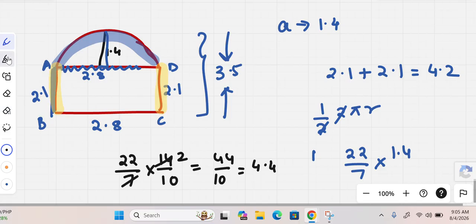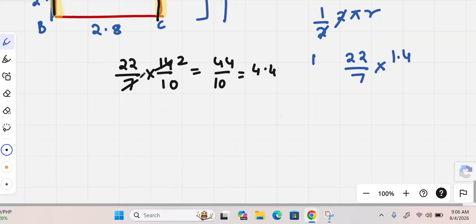Now what did we get? We got this portion also. How much is that? 4.4. So this is what they asked you to find. So 4.4 plus 1.4 is the total perimeter, correct?